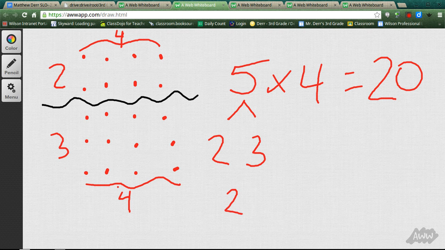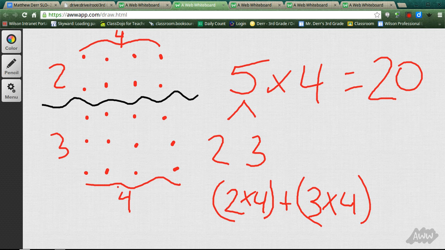And we would say 2 times 4 plus the 3 times 4. And would that get us 20? It would. It would still get us 20. 2 times 4 is 8. 3 times 4 is 12. And so now we see here that 8 plus 12 would equal 20.